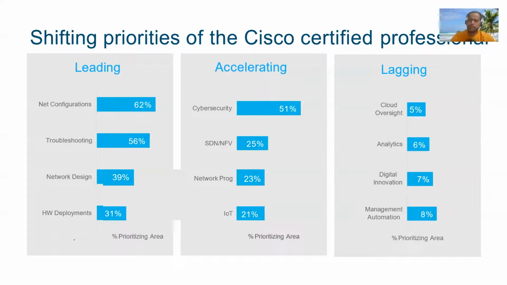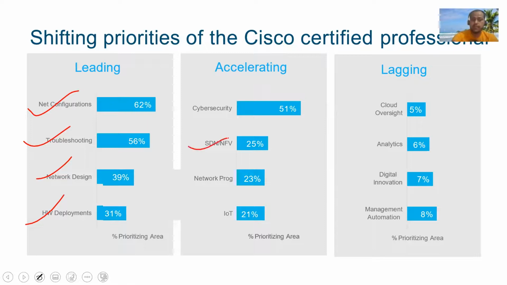That may be Cisco, Juniper, or any other vendor, but you can analyze this with respect to Cisco, and then apply it to other vendors as well. Cisco or other vendors are doing great in terms of network configuration, troubleshooting, design, and hardware deployment.